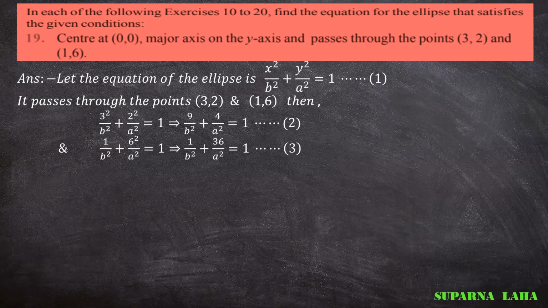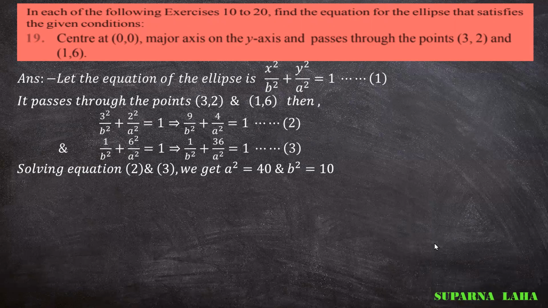Now simplify or solve these two equations, 2 and 3. Eliminate one of them, that is eliminate 1 by b square or 1 by a square, and find the value of the other term. The simplification is up to you. This is your homework, that you need to write the simplification here.